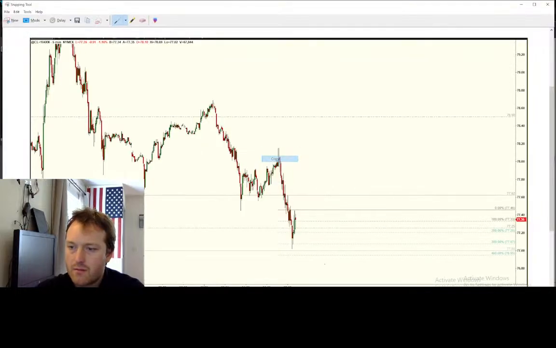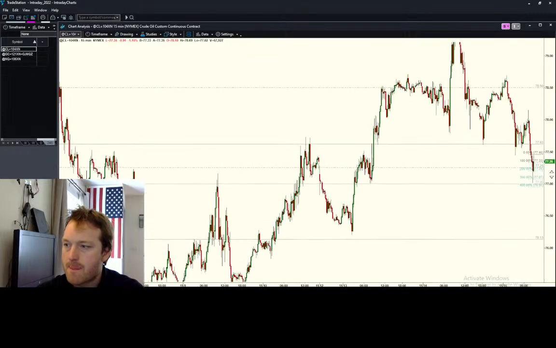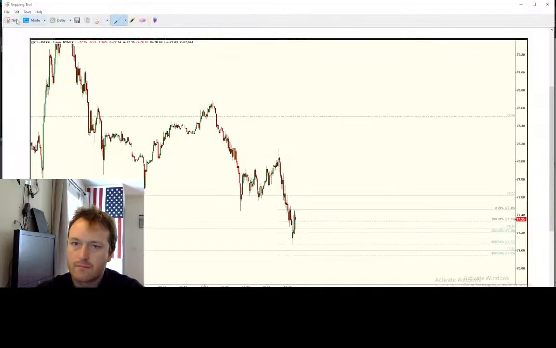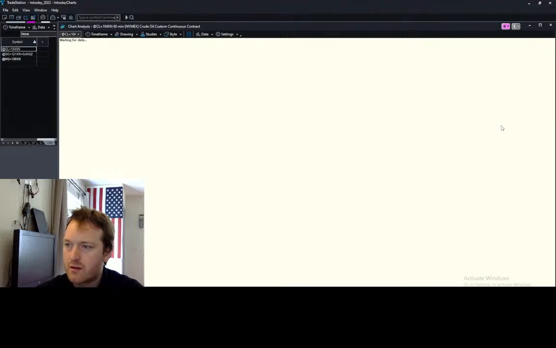77.46, which is about $270, which is fine because I have a much larger target. My picture here, 661 is the zone number, 5-minute. I'm gonna go to a 60-minute chart or something like that.